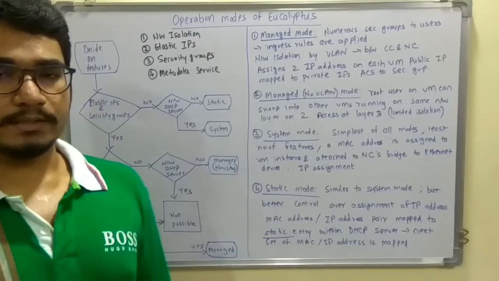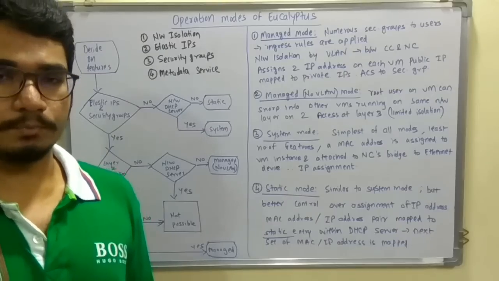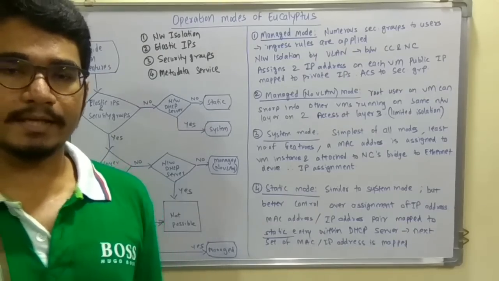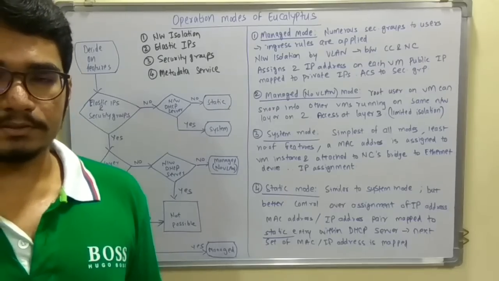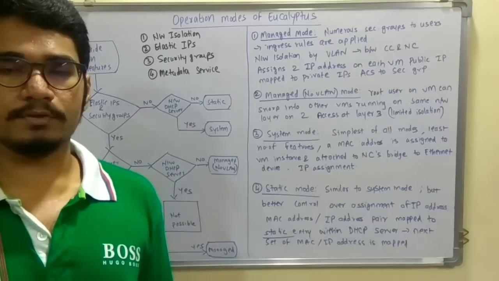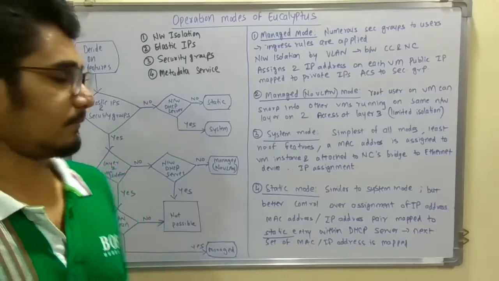And if there are subsequent calls for a VM instance to be created, it will directly map the next MAC address or IP address from its static entry table. So it has its own set of IP addresses, and it assigns one after the other.